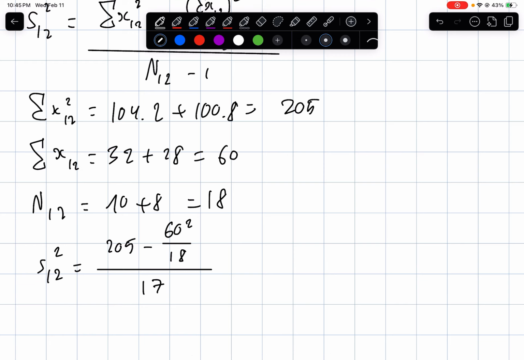Now let's plug that into the calculator. We get approximately 0.294. And that is all.